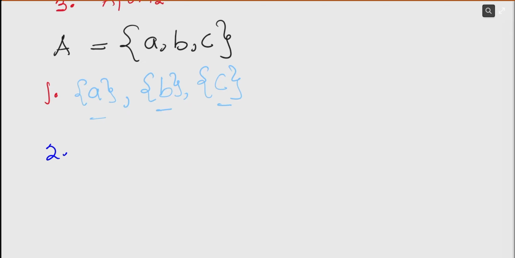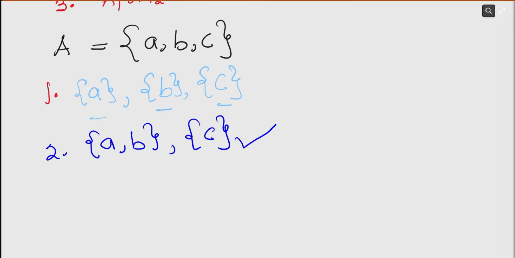The second example, we can have {a, b} and {c}. This is also another partition of the set A. You see, the sets are not empty, they don't overlap, and when we put all together, that is when we take the union of it, we get our set A. 3.